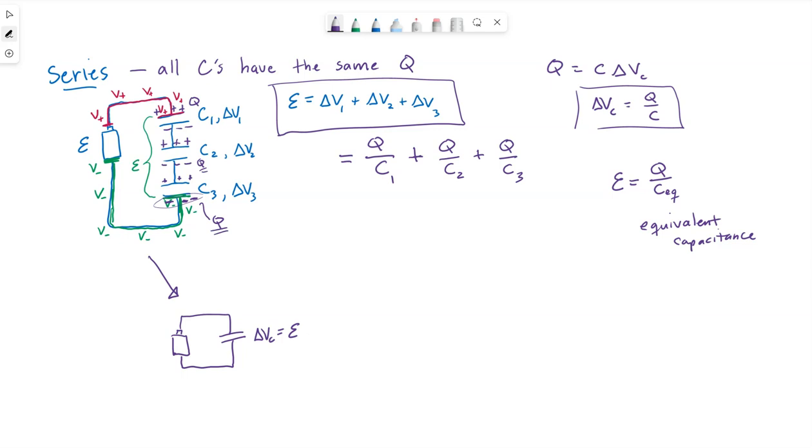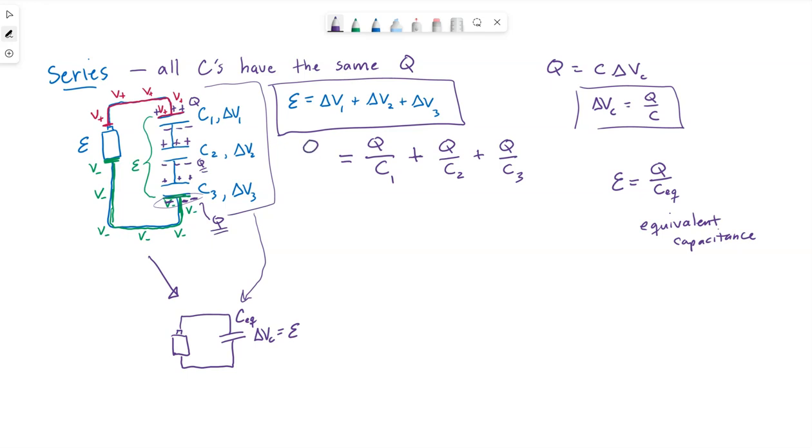Ultimately, instead of having 3 capacitors in series, could I have just bought one with a different value of capacitance that would end up storing the same amount of energy that the 3 in series did? That's what we mean by equivalent. These 3 capacitors in series are the same as if we had simply put one capacitor in.